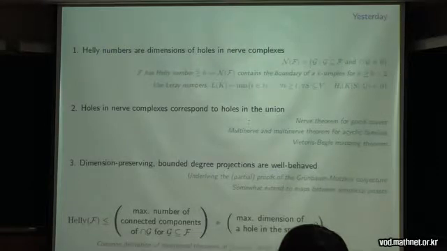What we covered on Friday was how you can analyze this problem through nerve complexes. Proving a Helly-type theorem, when you look at the intersection hypergraph, which is a nerve, means proving that you don't have certain holes, particular holes, the boundary of a simplex.